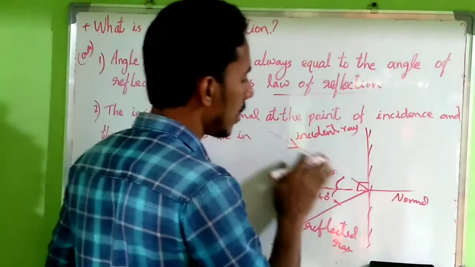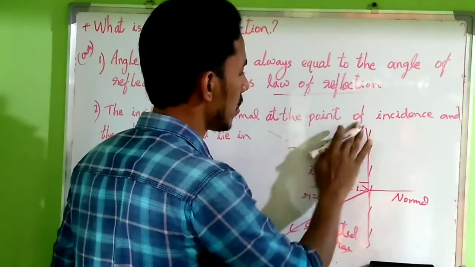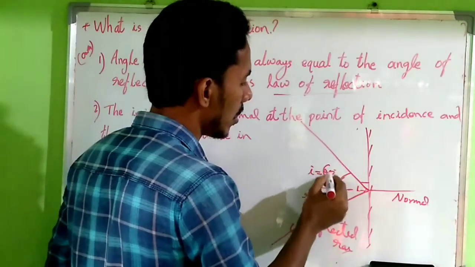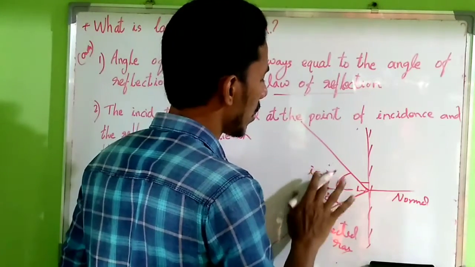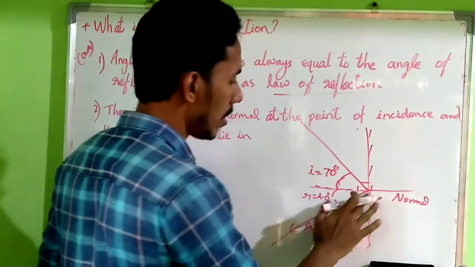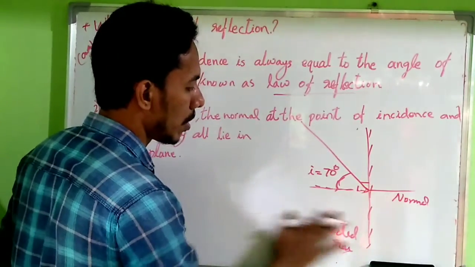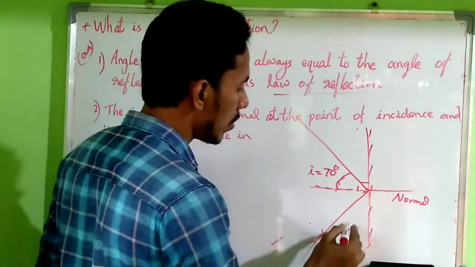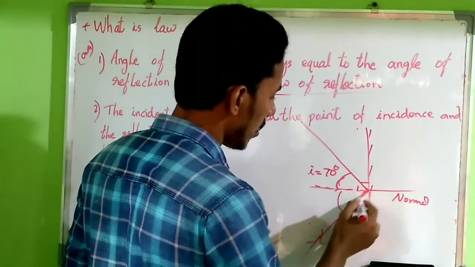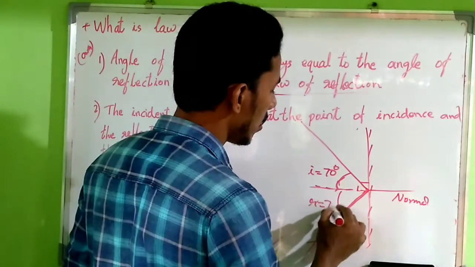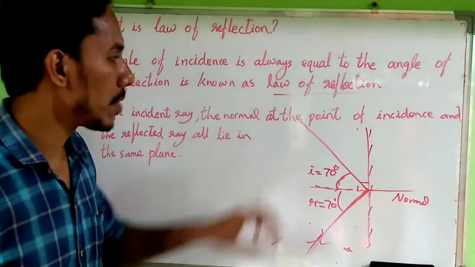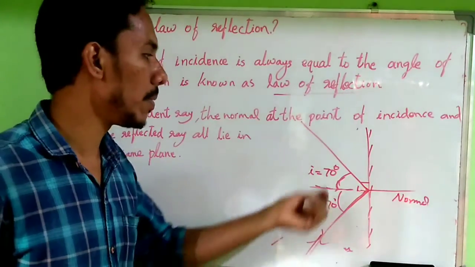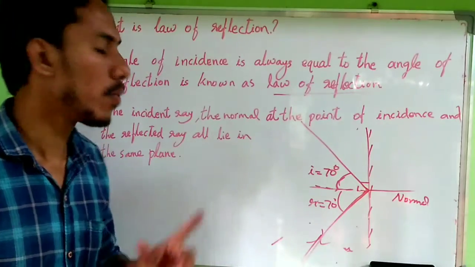If you increase this angle to 60 degrees or 70 degrees, then the reflected ray also widens and goes this way. It should be equal to 70 degrees. So when you change the angle, the reflected angle also changes. They are always equal.